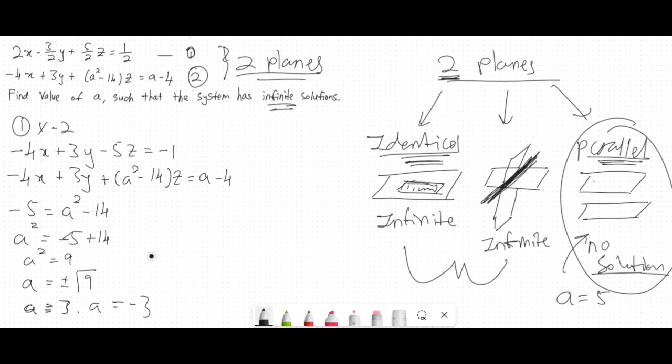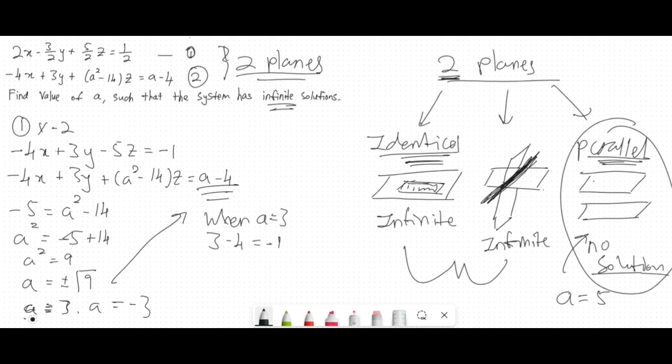How do we check? We can check by plugging the answers we got back into a minus 4, right? So when a equals 3, a minus 4 will be 3 minus 4 equals negative 1, right? Negative 1. So when a equals 3, you know that these two planes are identical.